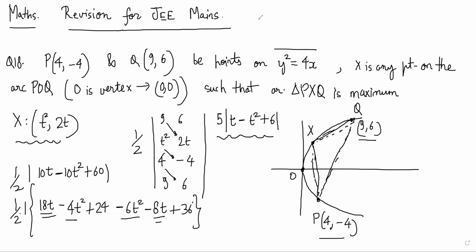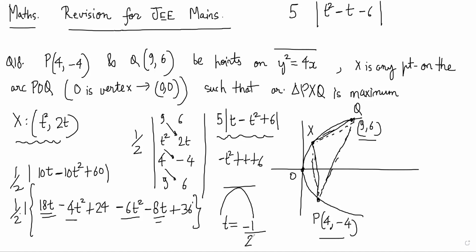Find the maximum value of this. So if it is mod, we can take minus 1 outside, it is 5 times t square minus t minus 6. Or we could have kept it like this only, minus t square plus t plus 6. That is a parabola like this. So the maximum value will be when t is equal to minus b by 2a, t is equal to minus 1 by 2 into minus 1, so 1 by 2.